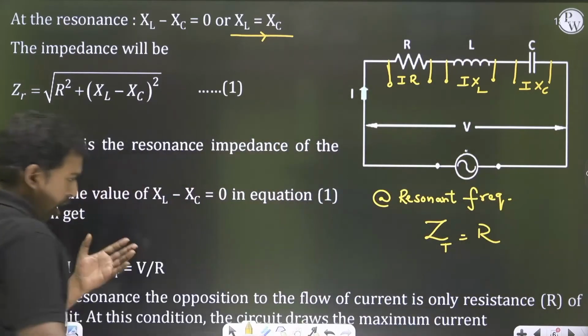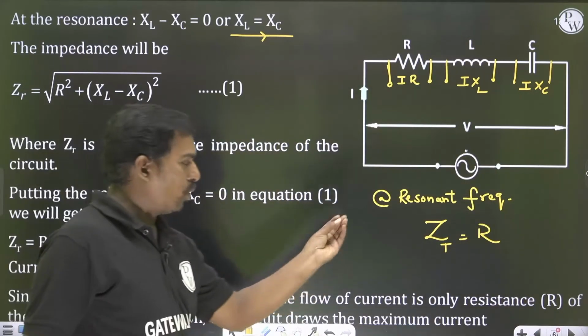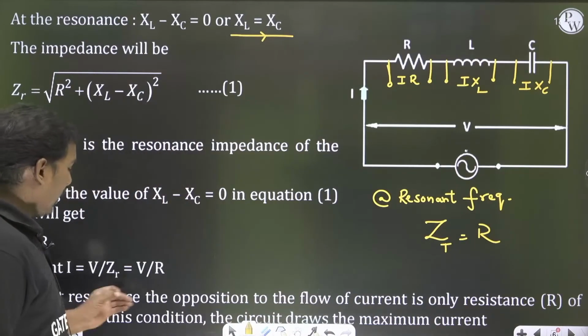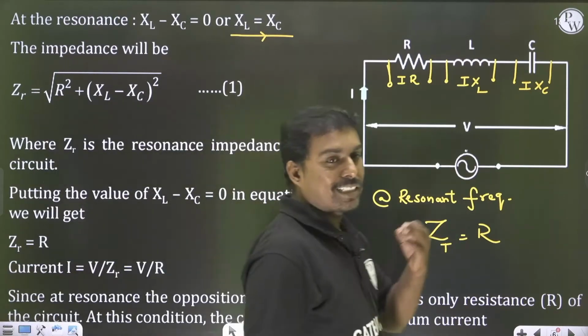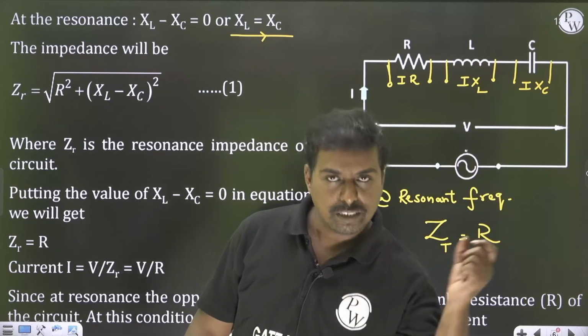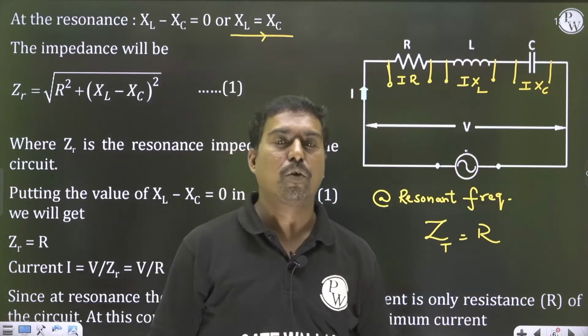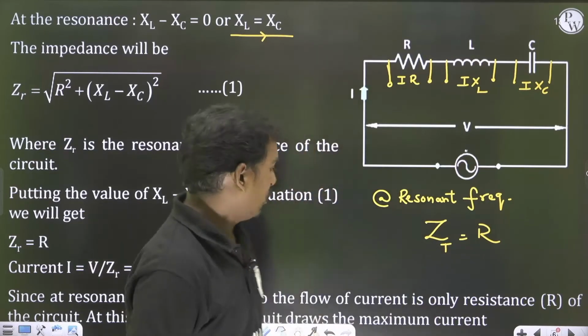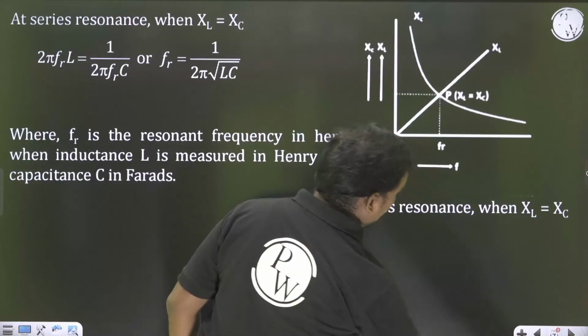Since at resonance the opposition to the flow of current is only due to the resistance of the circuit, the circuit draws maximum current, and we get the maximum voltage, which is equal to the supply voltage. That is what happens in the resonant circuit.